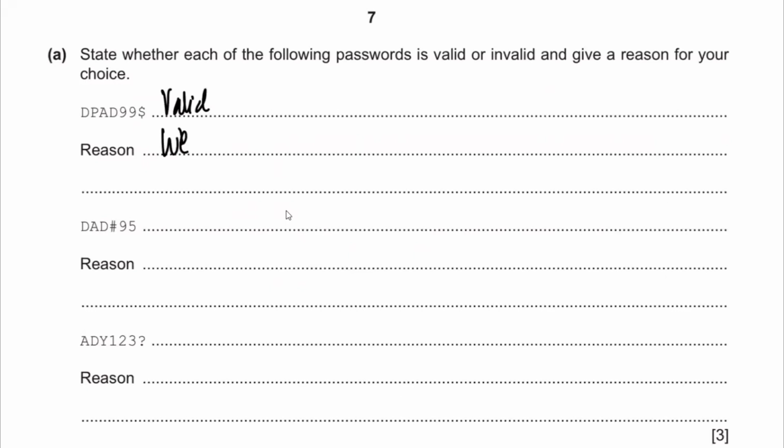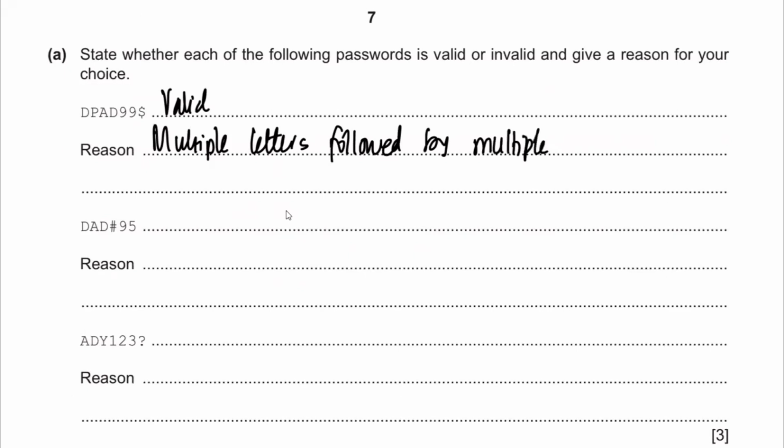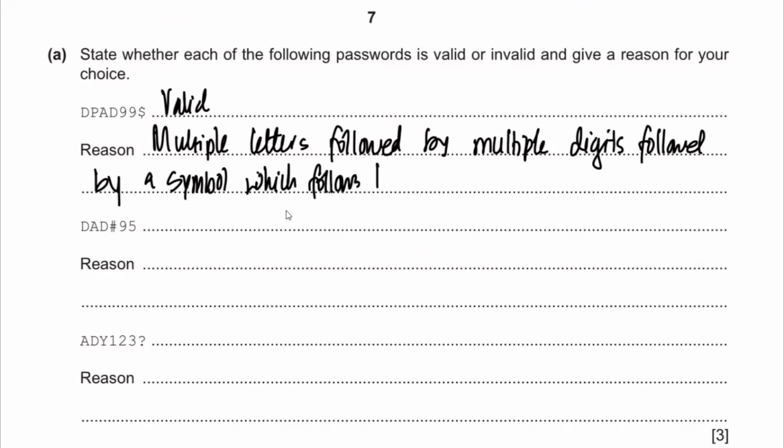For the reasoning, we can simply write multiple letters followed by multiple digits followed by a symbol, which follows the syntax diagram.